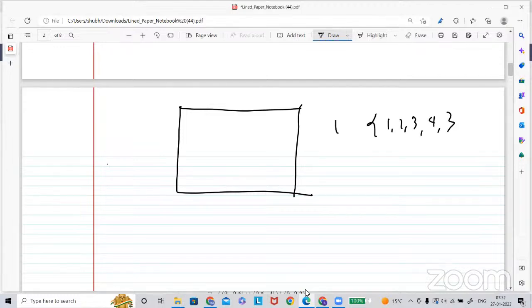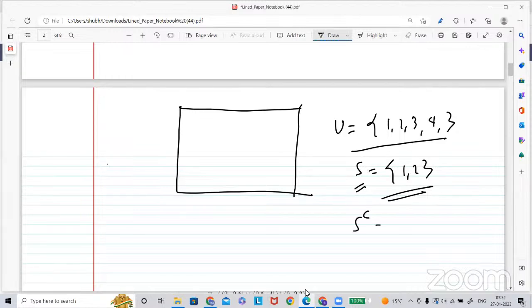Suppose this is a set. I am taking a subset, which is 1, 2. So complement means there should be a superset, and with respect to that you are going to say the complement of this set. What is going to be the complement of this set?